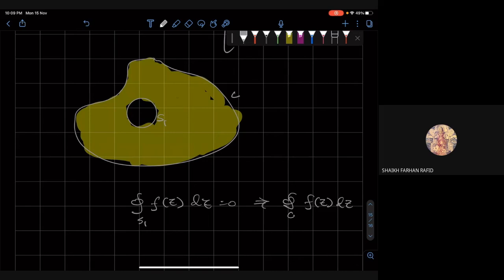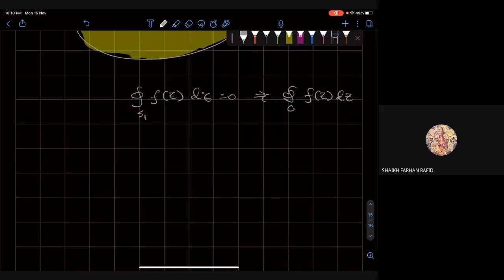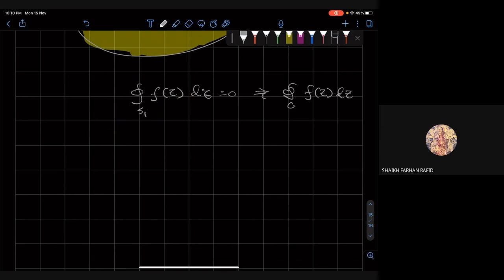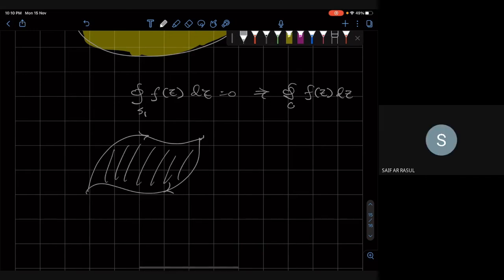And how do you show that? Because by Cauchy's integral theorem, we have a curve like this and there is no singularity here, then the integral over this curve is 0, right? So this curve consists of two contours, say gamma 1 and gamma 2.